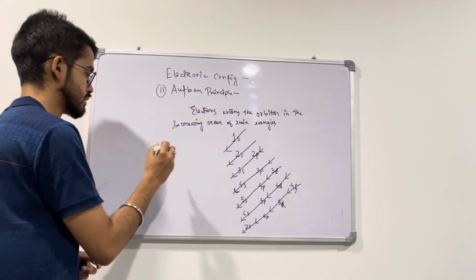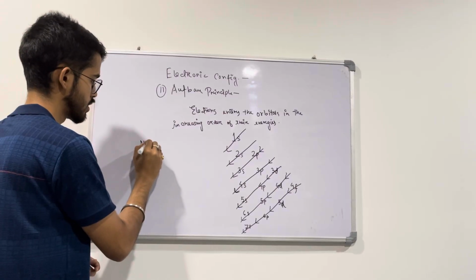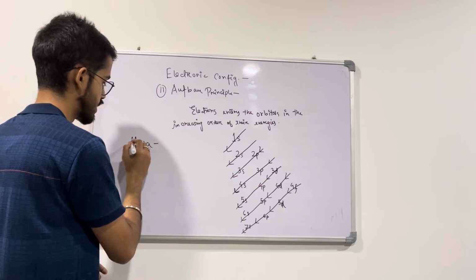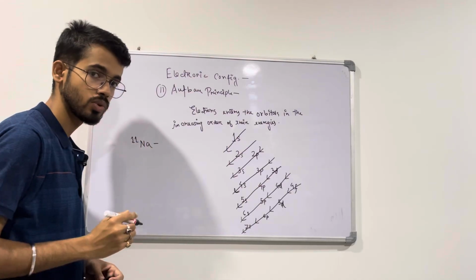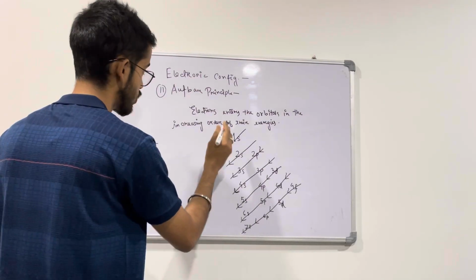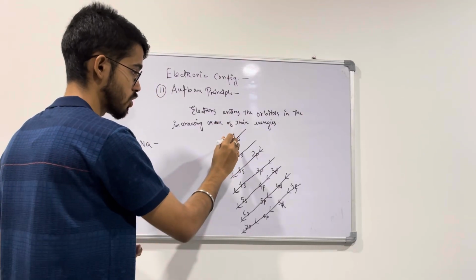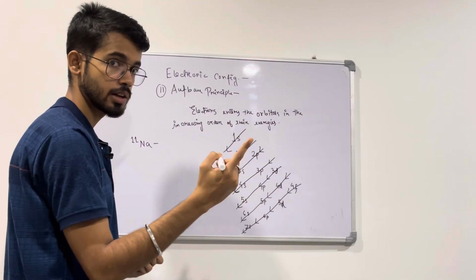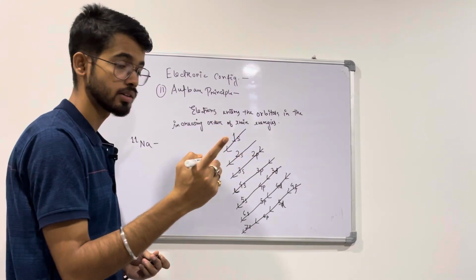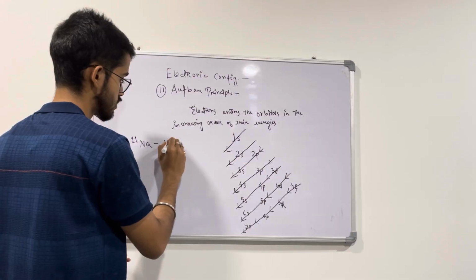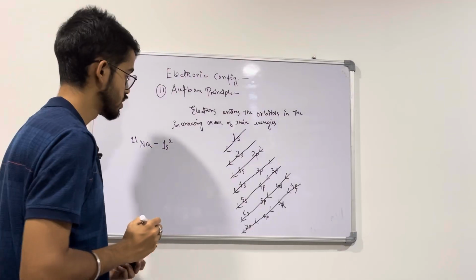So let's say now sodium, atomic number as we all know is 11. How will these 11 electrons be added to the orbitals, following the above principle? First, as the s subshell contains one orbital, and one orbital contains a maximum of 2 electrons, the first 2 electrons go to the 1s orbital.